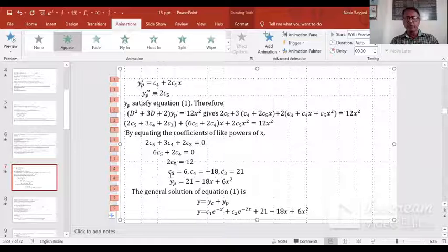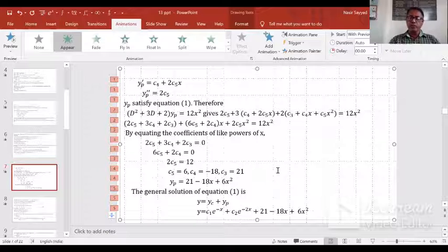Now from this equation we obtain C5 is equal to 6. We substitute this value here, it becomes 36 on the right hand side, it becomes minus 36, then divided by 2. We obtain C4 is equal to minus 18. Substituting the values of C4 and C5 in this equation, we obtain the value of C3 as 21.